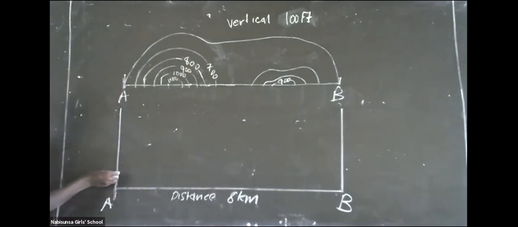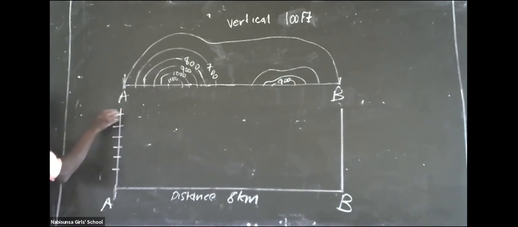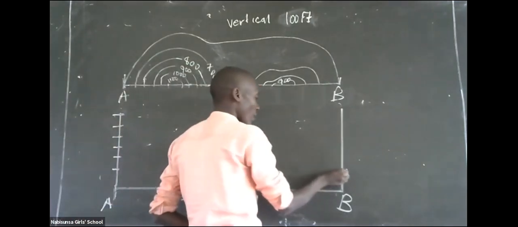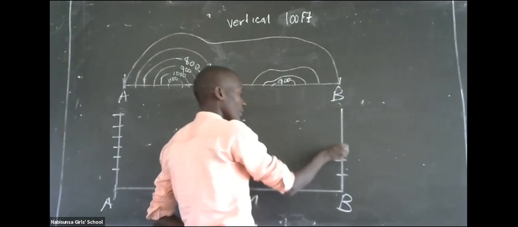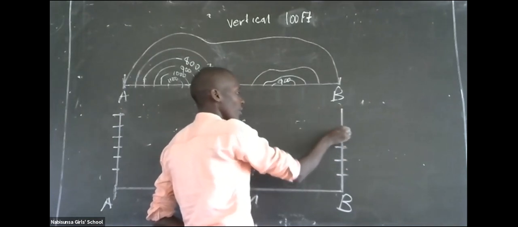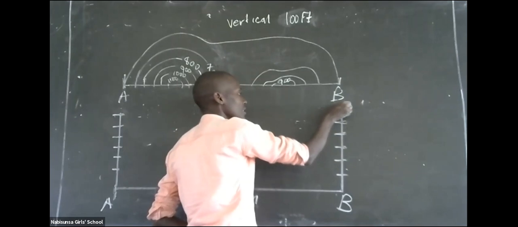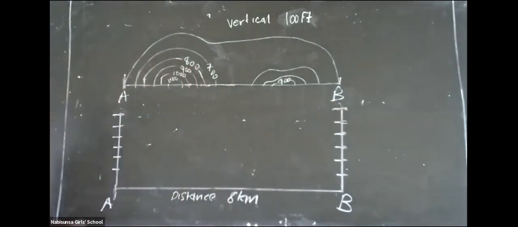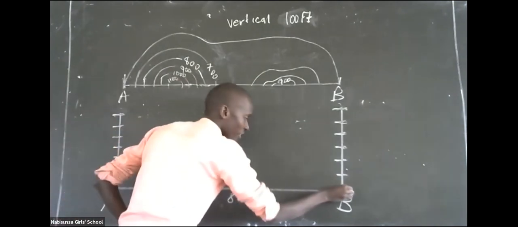I'm going to count 1, 2, 3, 4, 5, 6. Not supposed to go beyond 6. Even here, 1, 2, 3, 4, 5, 6. It's not supposed to go beyond 6 centimeters on both sides.